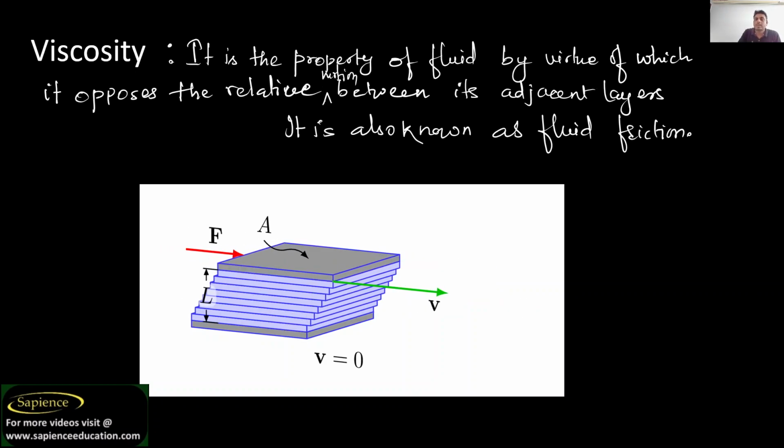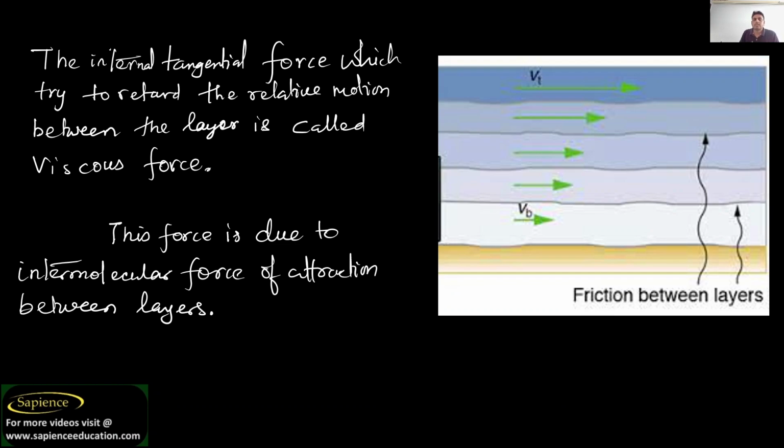Now let us go to another section. The internal tangential force which retards the relative motion between the layers is called the viscous force. Every layer tries to oppose the motion. Earlier it has a velocity of 10 meter per second.